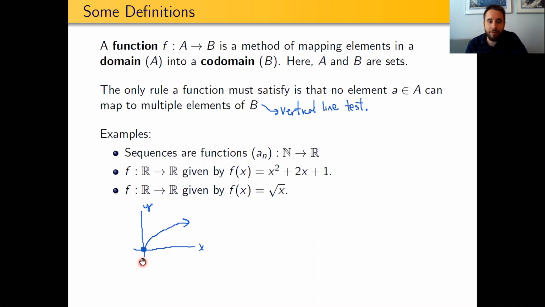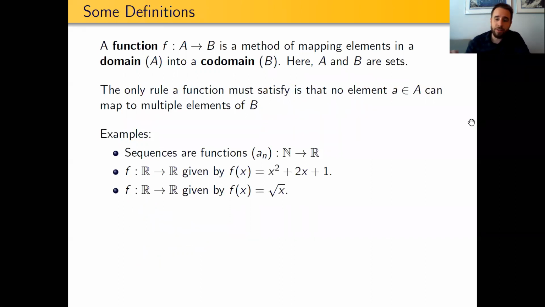I'm allowed to plug in any number from 0 on up to infinity, and the outputs will be numbers from 0 up to infinity as well. So even though I sometimes use this notation, f is a function from R to R, and I list R as both our domain and codomain, it is worth saying that sometimes this shorthand will represent functions whose actual true set of points that we can plug in and set of points we get out are subsets of R as opposed to all real numbers.